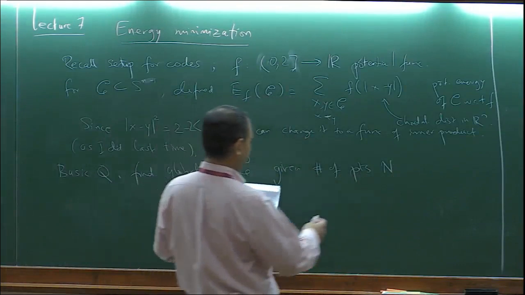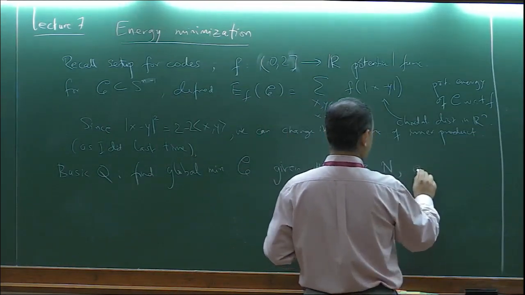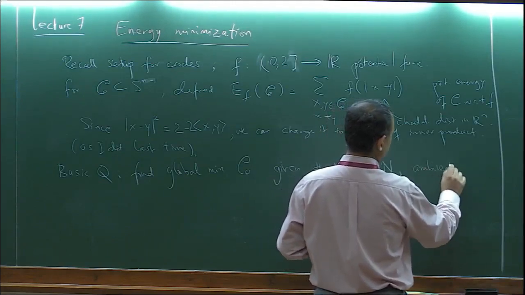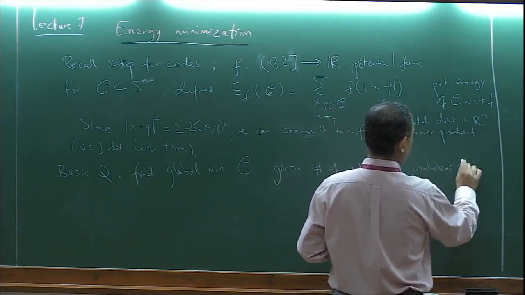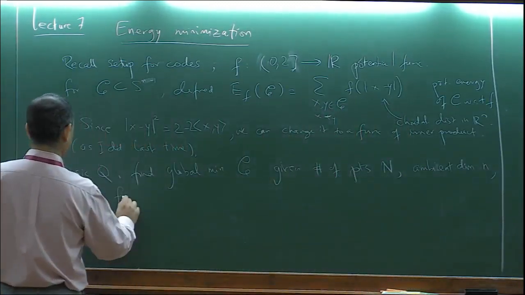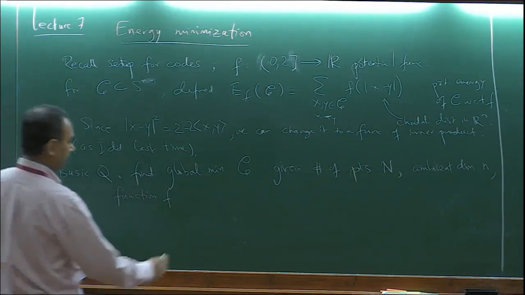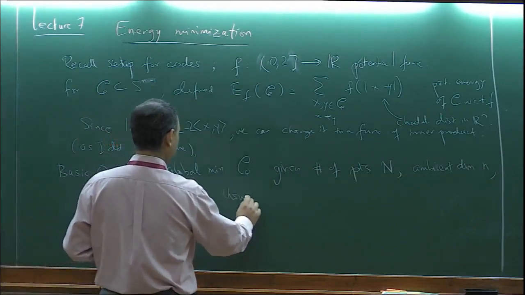Find the thing that minimizes the potential energy given the number of points n, the ambient dimension, and the potential function f.